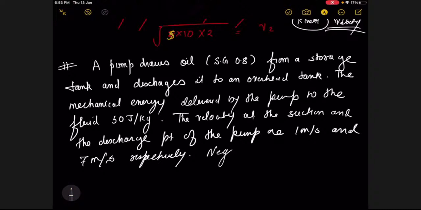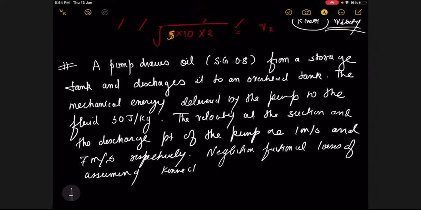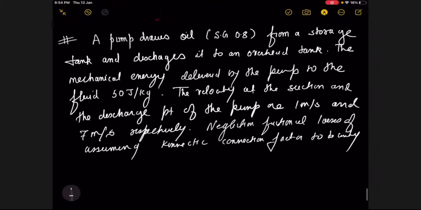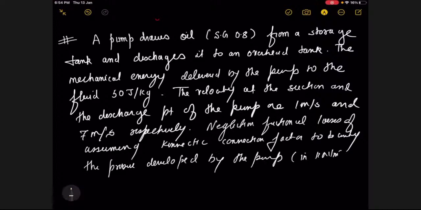Neglecting the frictional losses and assuming kinetic correction factor to be unity, the pressure developed by the pump in kilonewton per meter square is. Calculate this. Again, this is a very good question.